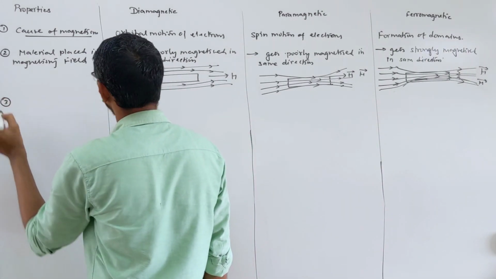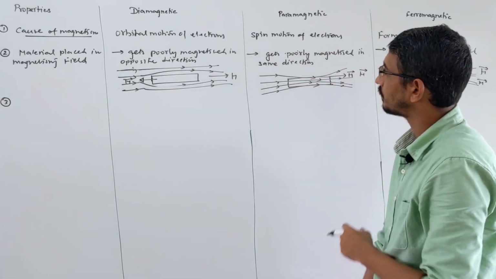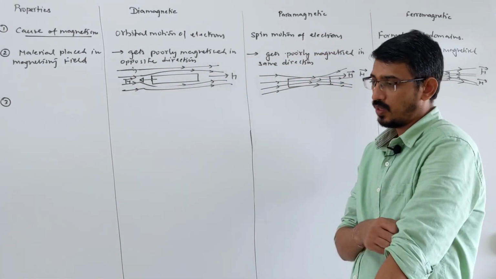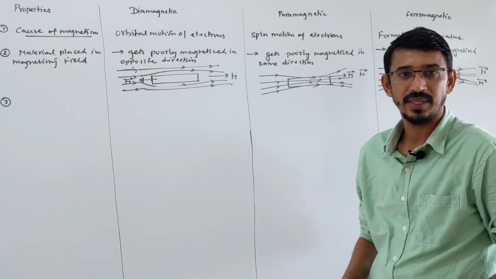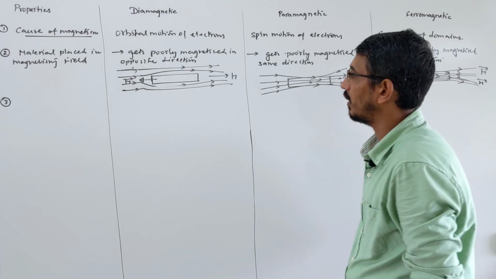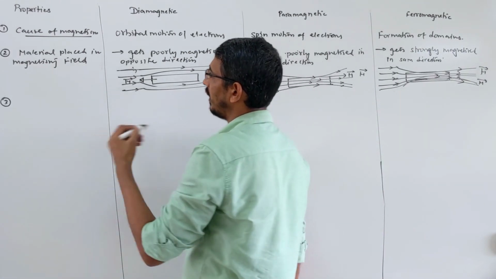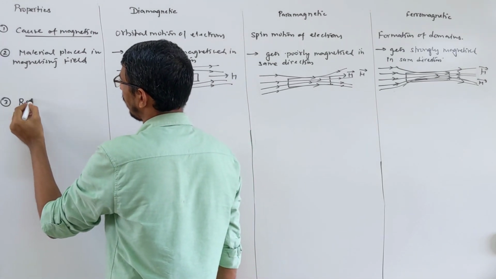Let's talk about some more properties. The third property: we could talk about magnetic susceptibility, chi, but before that I take relative permeability.